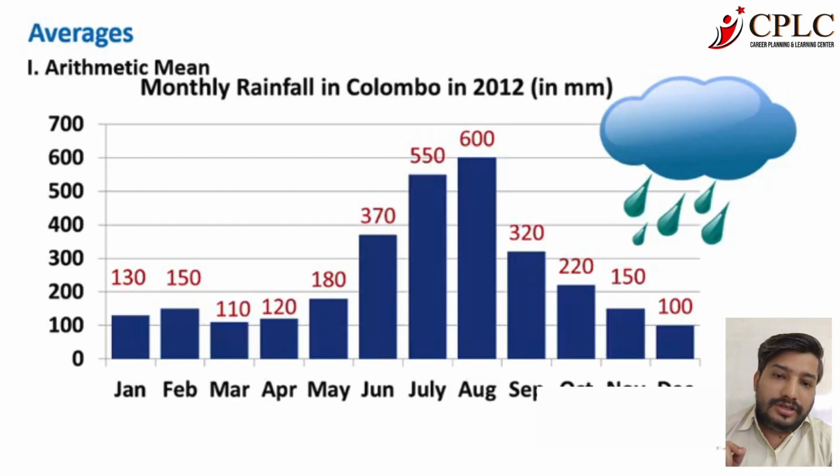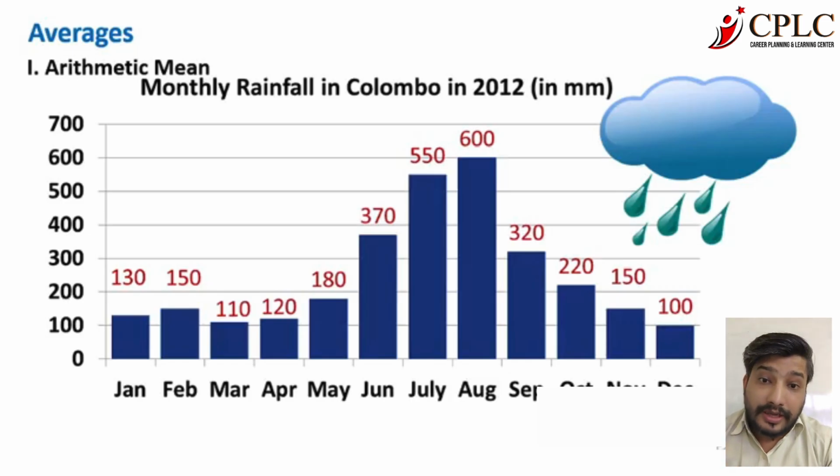But there is only one restriction that you will have to follow, and that restriction is whatever value you are assuming, it has to be within the range, that is between your smallest number and your largest number. So for example, here our largest number is 600 and our smallest number is 100. So whatever we are assuming has to be between these numbers only.